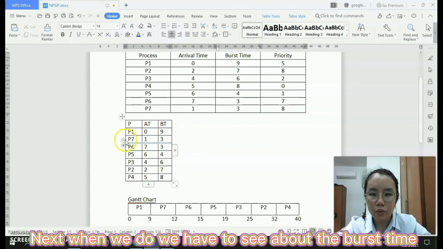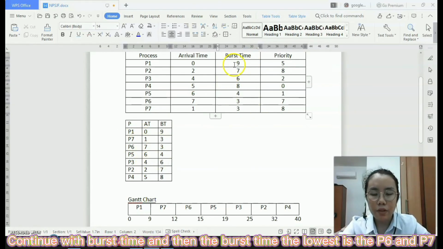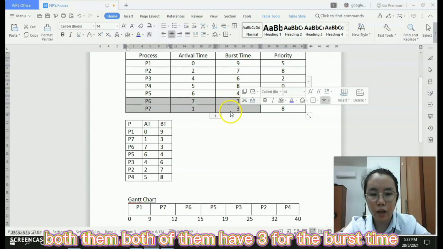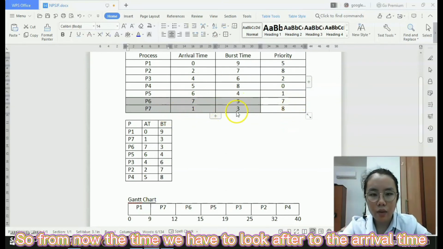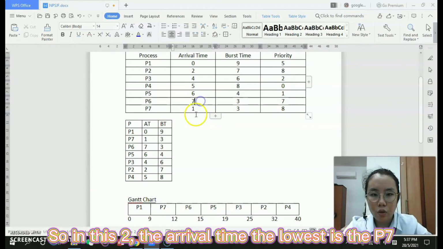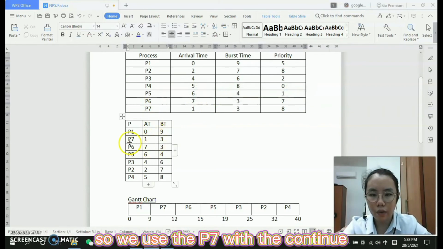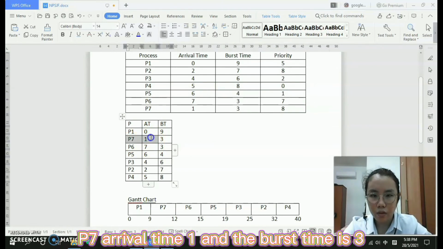Then we look at the burst time; the lowest are P6 and P7, both with burst time 3. So we look at the arrival time, and the lowest is P7. So we use P7, arrival time 1, burst time 3.